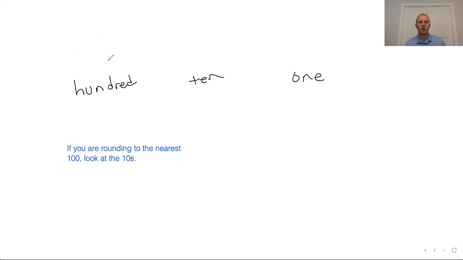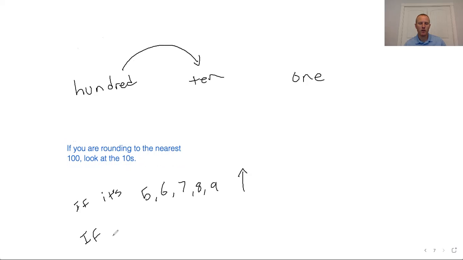If it's 5, 6, 7, 8, or 9, you round up. If it's 4, 3, 2, 1, or 0, you round down.